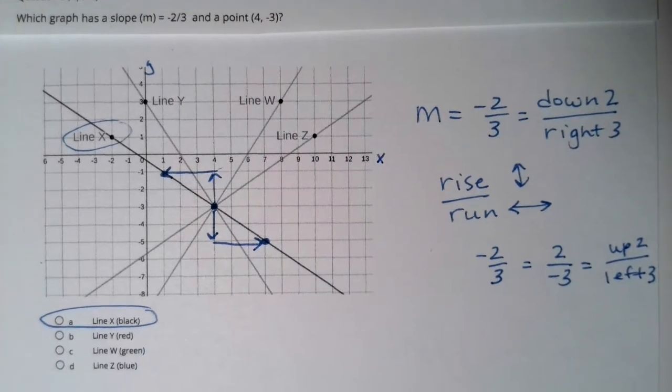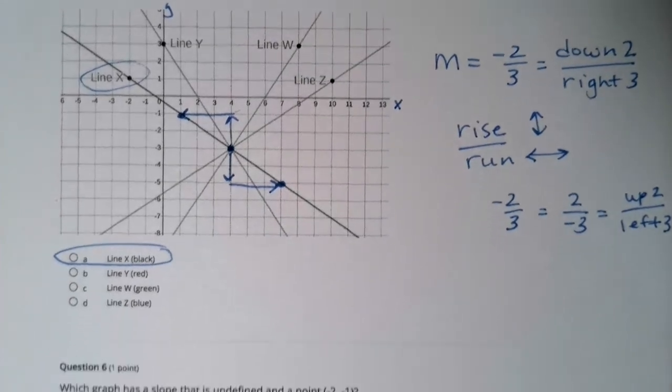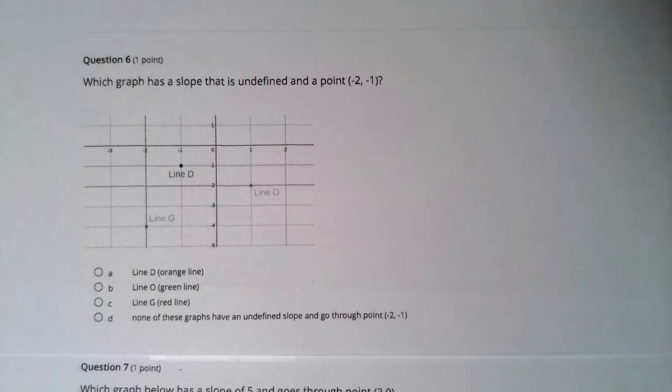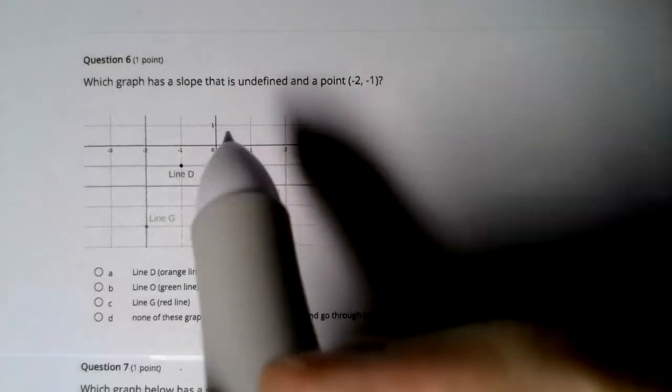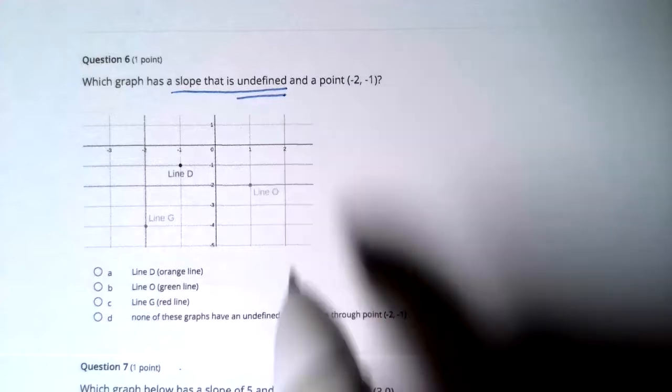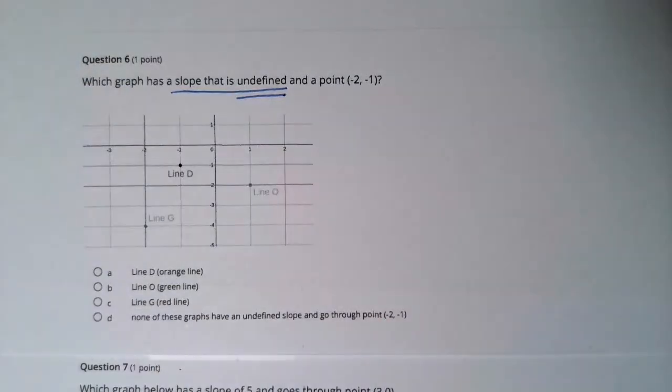Question 6 is the same type of question. Given a slope and a point. In this case, our slope is given that it is undefined. And so hopefully that makes you think of, oh, this must be a horizontal or vertical line.